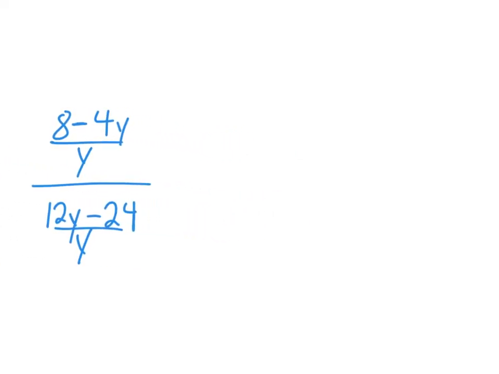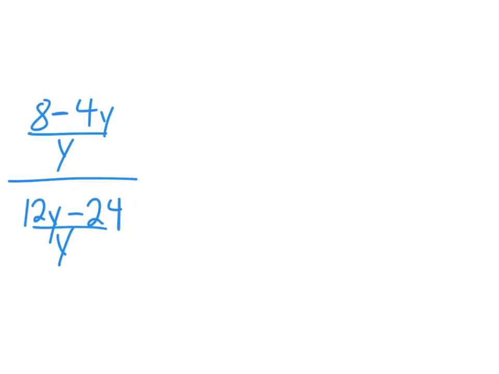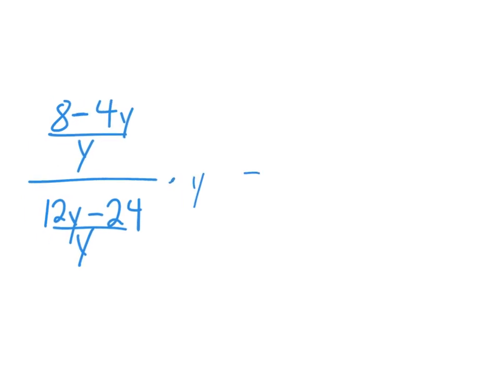Everybody good on that? Okay, what is the common denominator now between these two? Wasn't it just y? Okay, so if I divide by y on both, it's just going to give me 8 minus 4y over 12y minus 24. You with me?